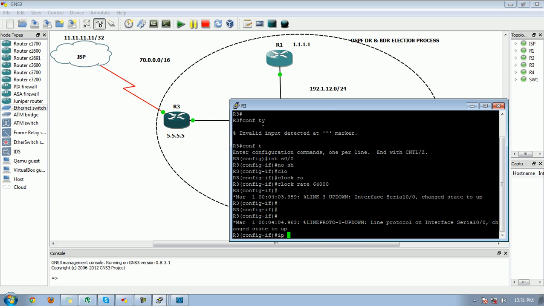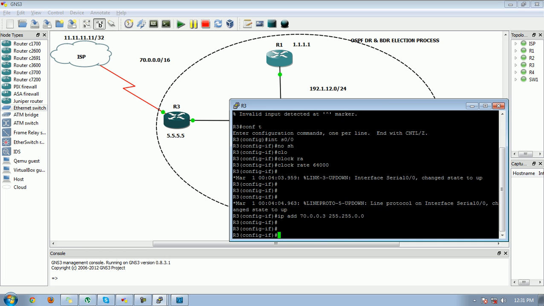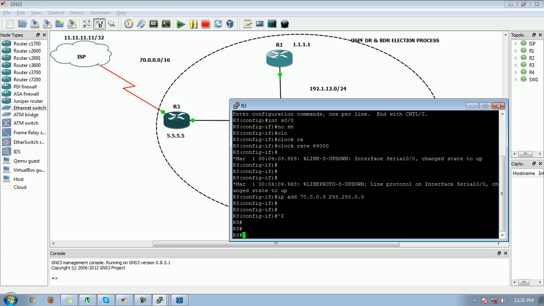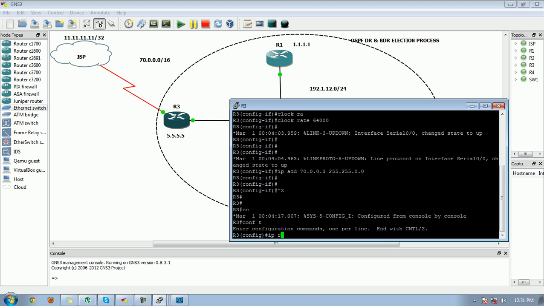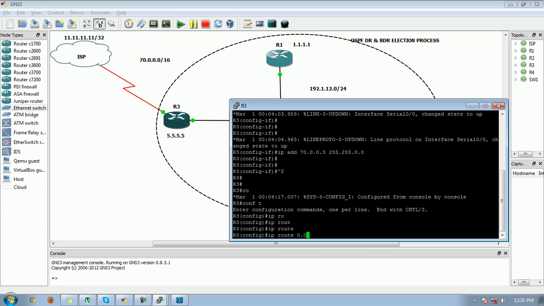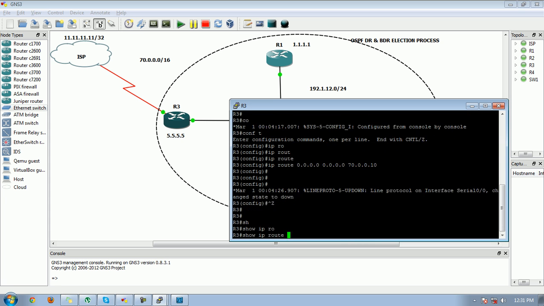I did the same mistake on that side. 70.0.0.3. Okay. IP route. 70.0.0.10. So IP route.